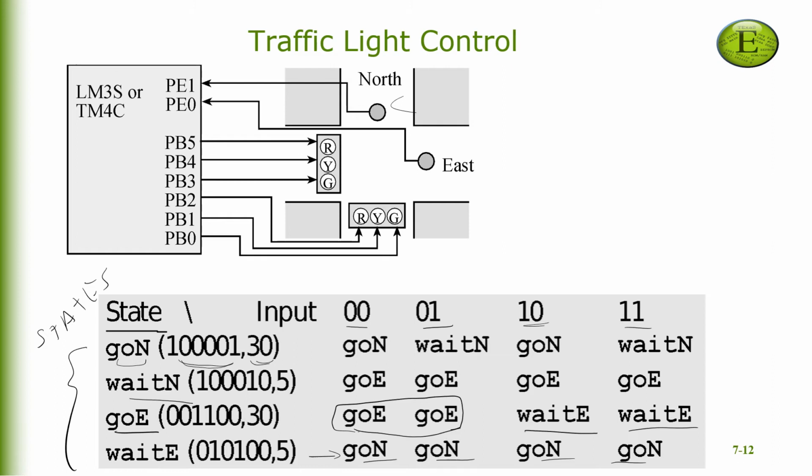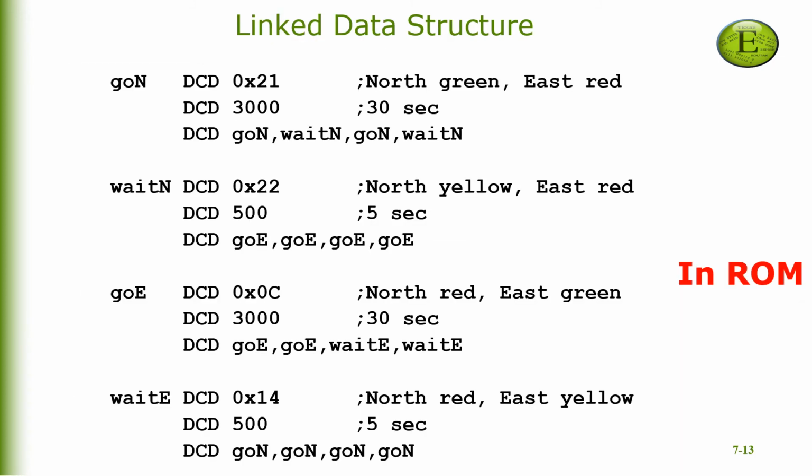So this table is equivalent to the state machine diagram or the state graph that we drew on the previous slide. The first step to program the microcontroller for the implementation of the finite state machine is to encode the state machine in the microprocessor memory, ROM in this case. Why ROM?